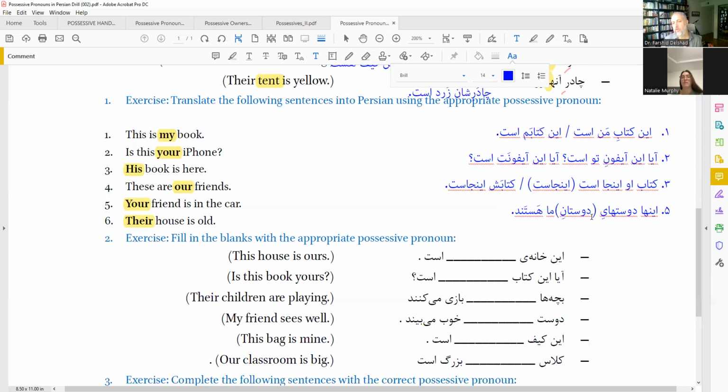So اینها دوستهای ما or اینها دوستان ما هستند. Now, what would be then the contracted form? Would it be دوستهای امان? دوستهایمان. Exactly.